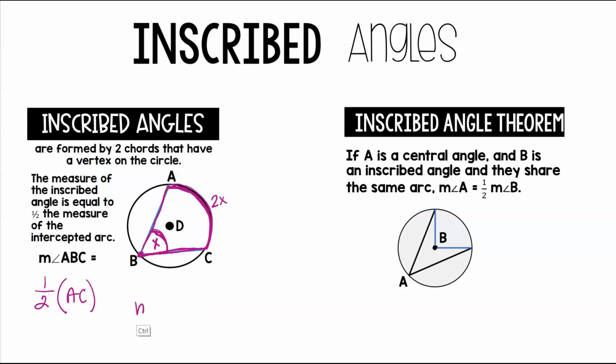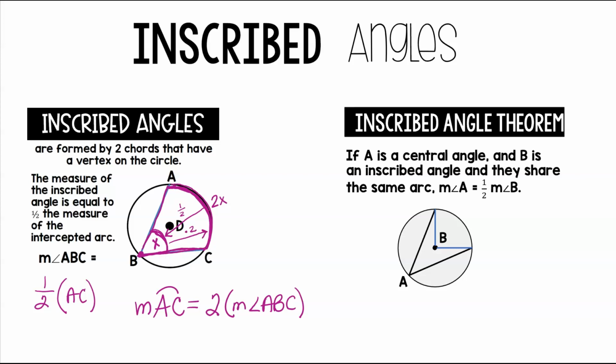It's supposed to be the measure of arc AC is equal to 2 times the measure of angle ABC. So if you have something on the outside and you're going in, you're going to cut in half. If you have something on the inside and you're going out, you're going to times by 2.